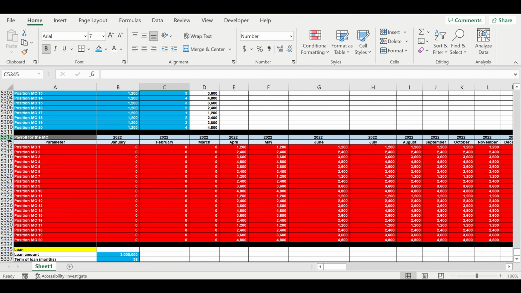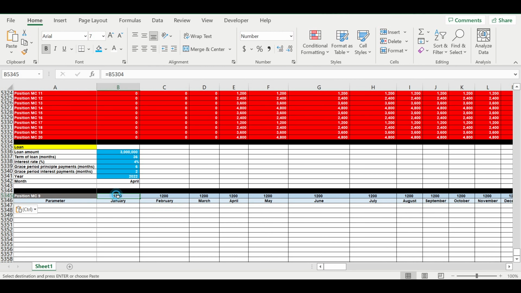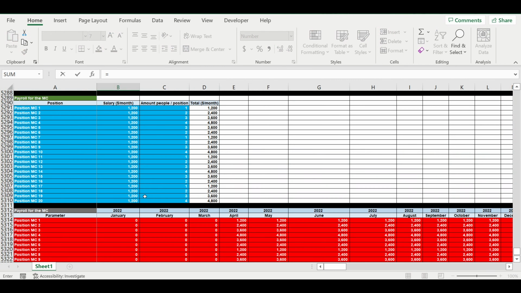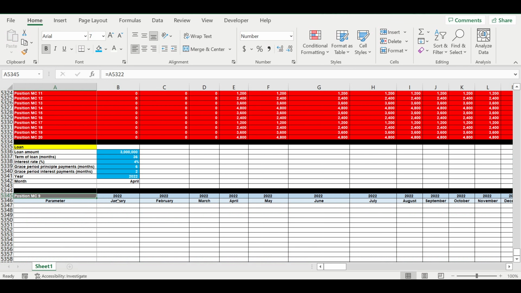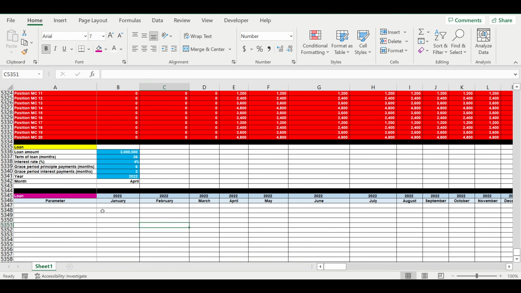So then we are creating the timeline for the loan. Loan timeline. First of all, getting a loan.